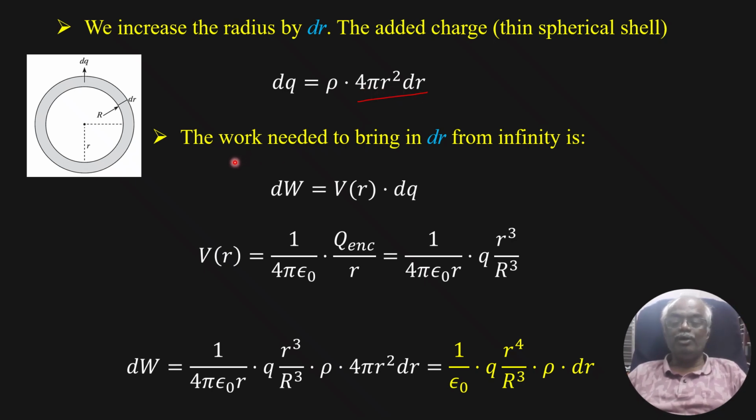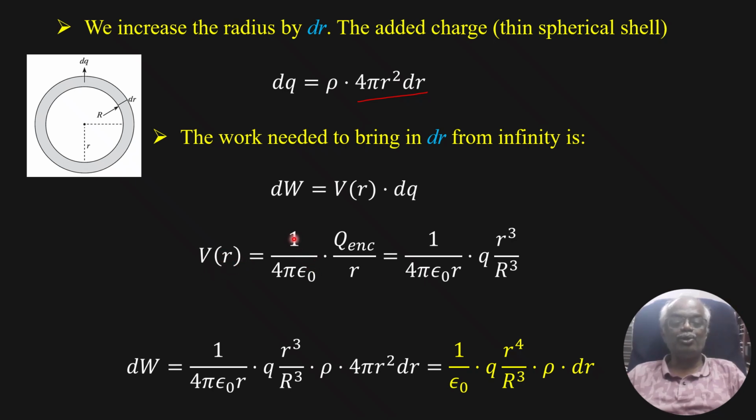So now we have to calculate the work needed to bring in dq from infinite distance. That is the potential: the small work done due to a small charge, work done per unit charge, dW over dq. You bring this dq to the other side. So now you know what V of r is.